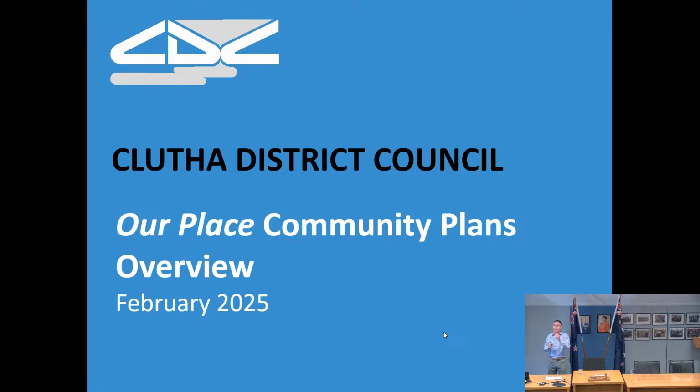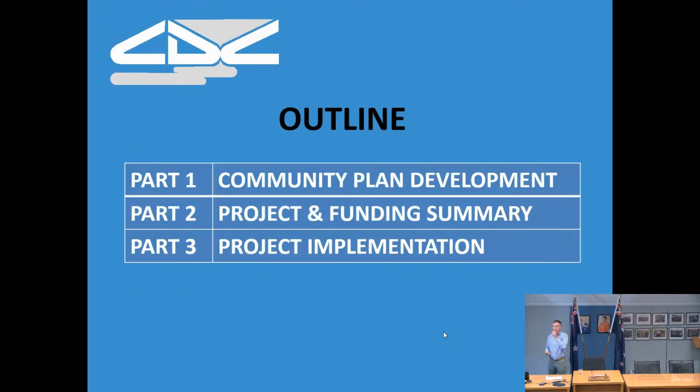So I'm just going to run through the 3 parts of my talk. First part is about how the community plans have been developed, where they came from, and the process of actually creating them. The second part is a very high-level overview of some of the projects and funding that has gone into those projects to date.